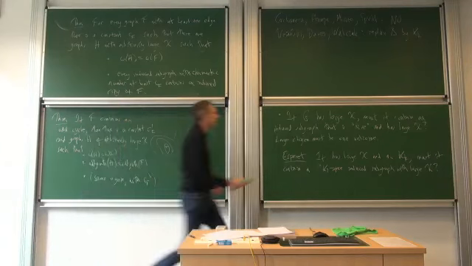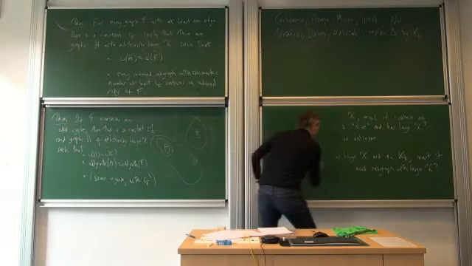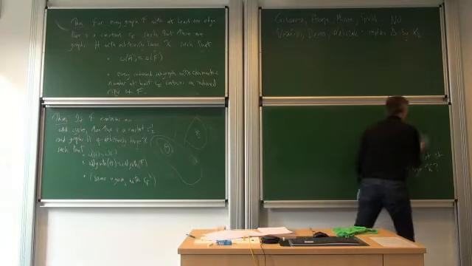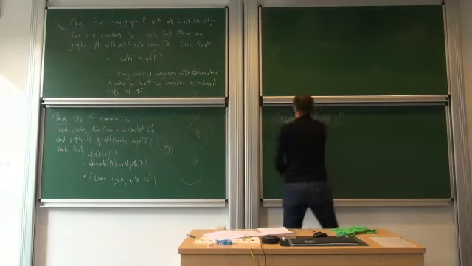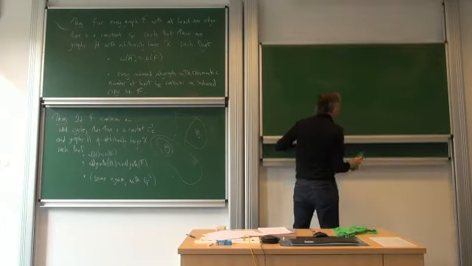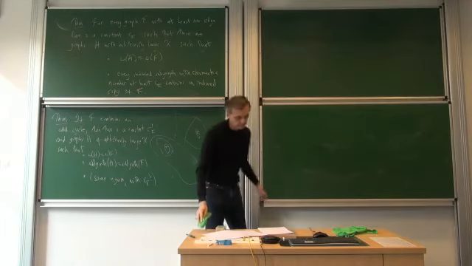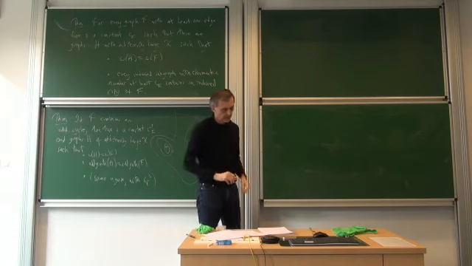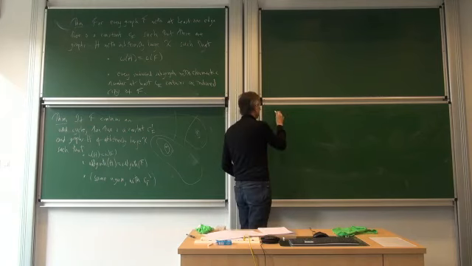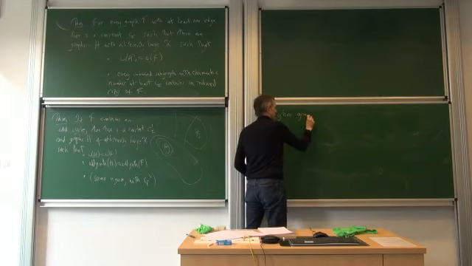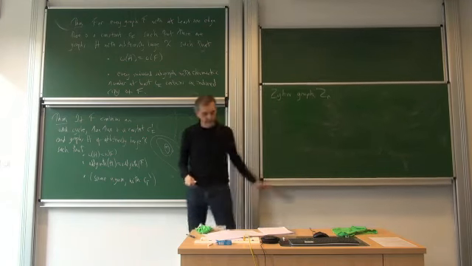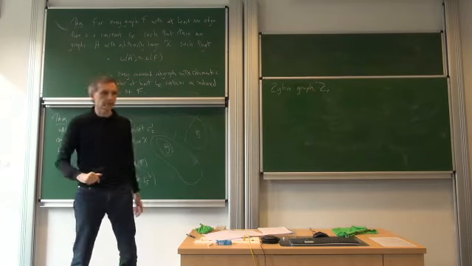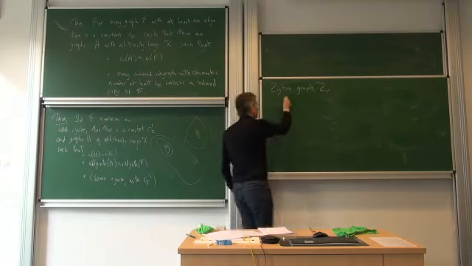Okay, so the Zykov graph Z_n. Here's a construction of a triangle-free graph with large chromatic number, and it's very simple.